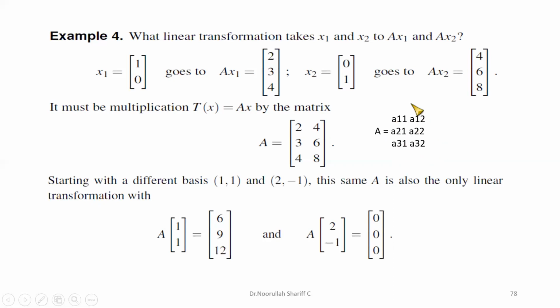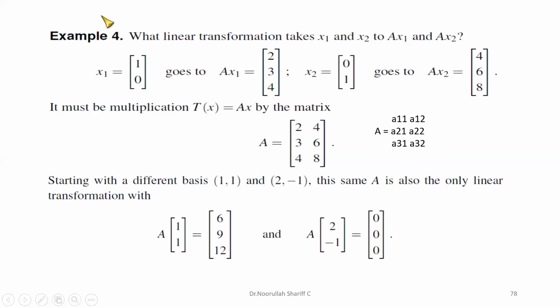If you consider this A and try to multiply it with x1, we are considering this as a 3 by 2 matrix because Ax1 has number of rows 3, and the number of rows in x1 is 2. Therefore, A should be 3 by 2.